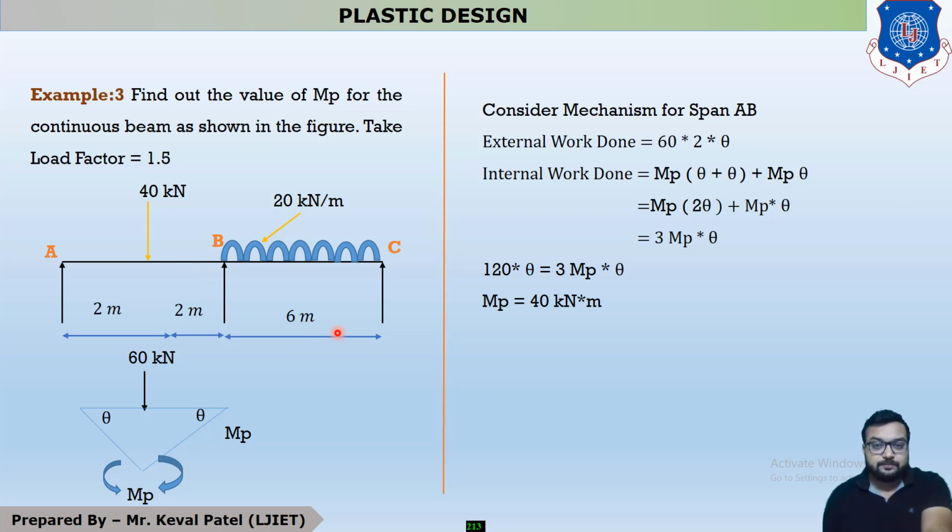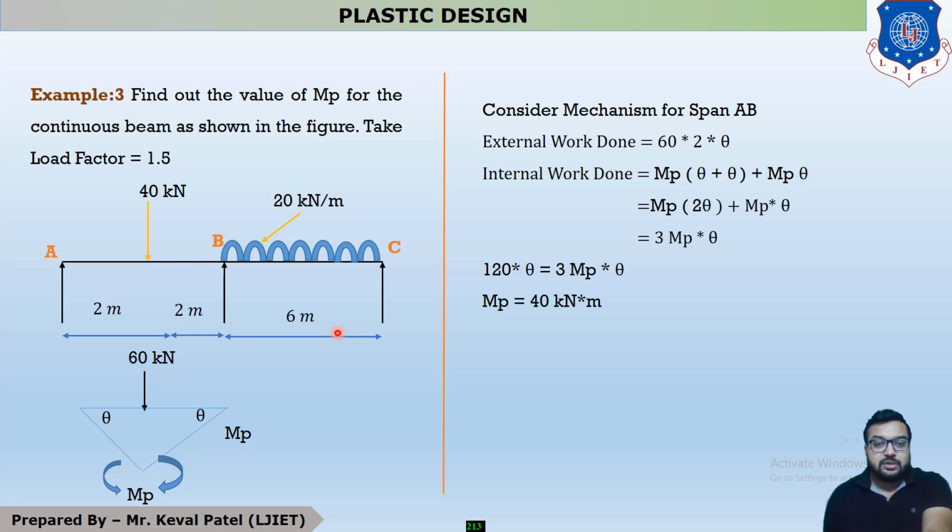So first of all, in the last lecture we will discuss our case number 8. First of all, we have to derive one equation to find out plastic moments for a propped cantilever beam subjected to UDL throughout the span.